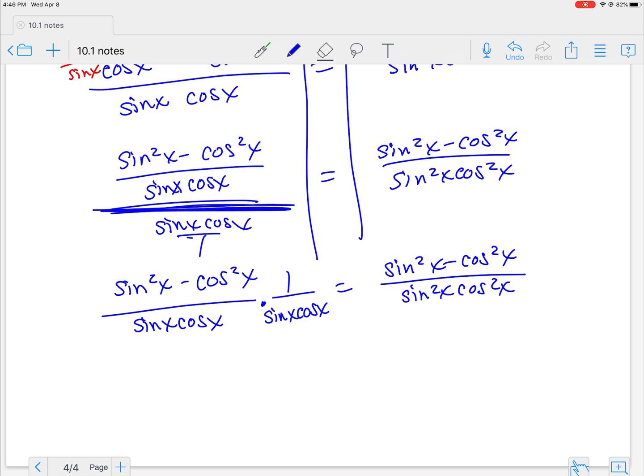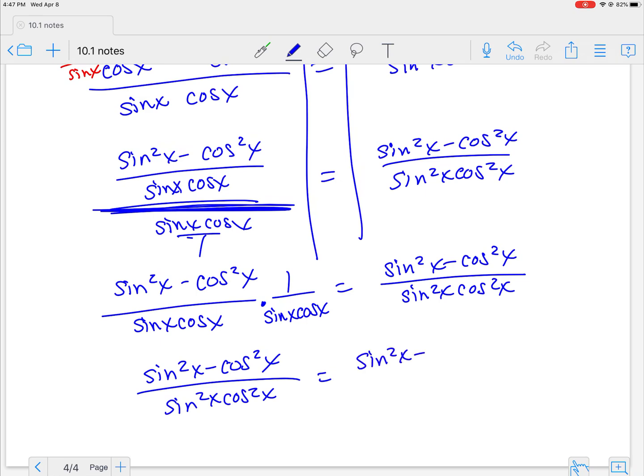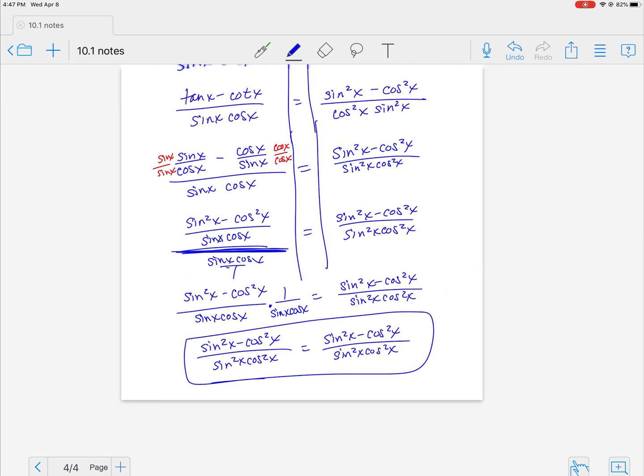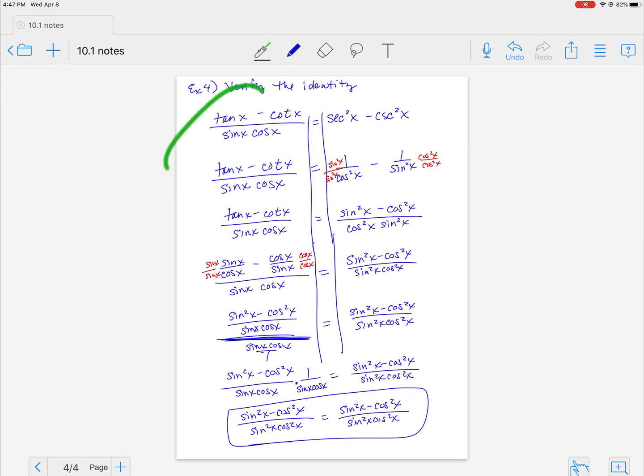There, my numerator is now exactly the same. And when I multiply that denominator, it is going to be the same. Because if I multiply this, sine times sine is sine squared, cosine times cosine is cosine squared. Sine squared x minus cosine squared x over sine squared cosine squared.